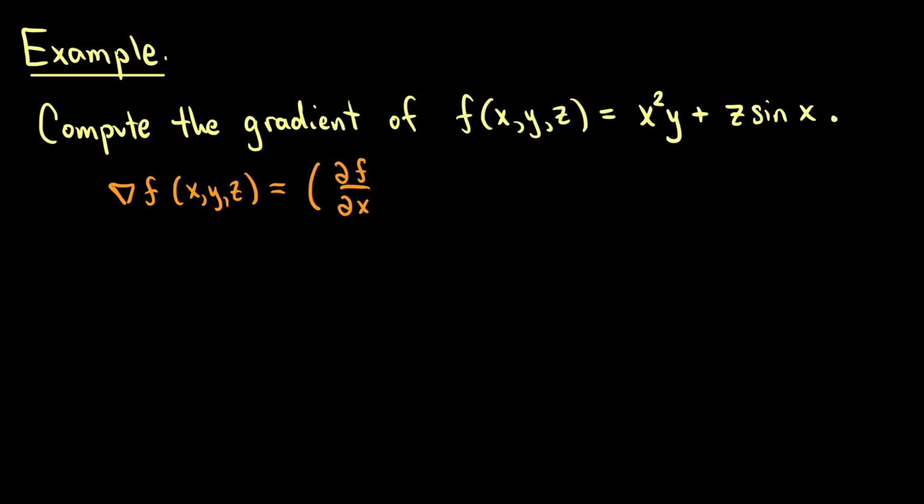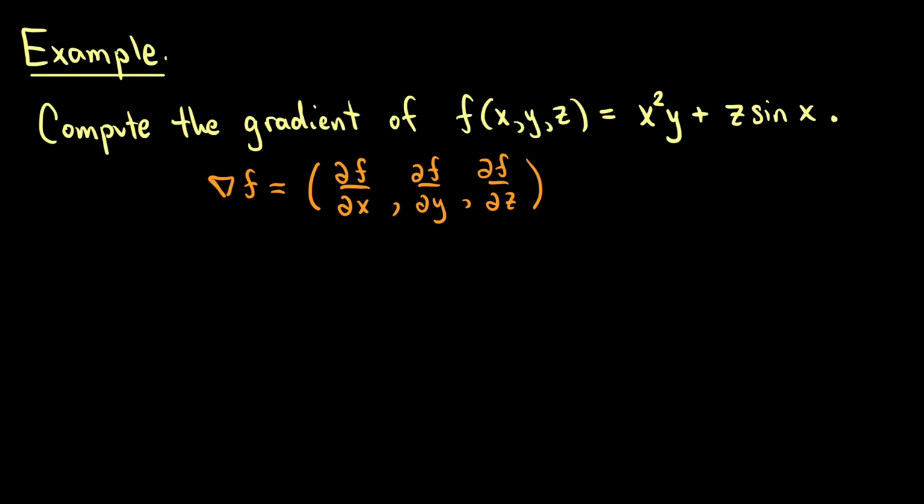Here I'm using x, y, z instead of x1, x2, x3. So it's the partial derivative of f with respect to x, the partial derivative of f with respect to y, and the partial derivative of f with respect to z. Of course, at the point x, y, z. So maybe here I'll suppress the arguments.